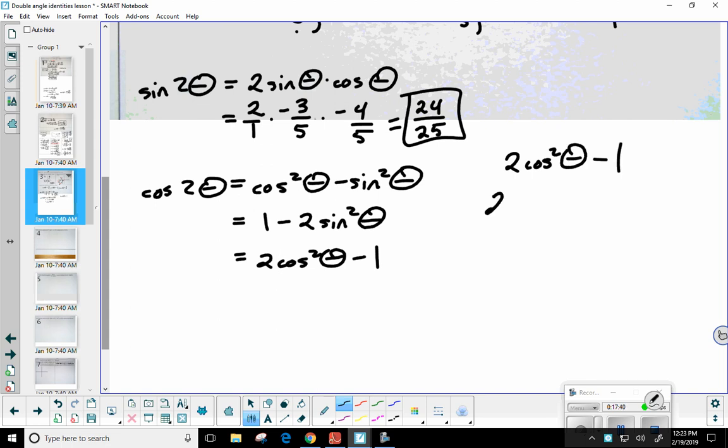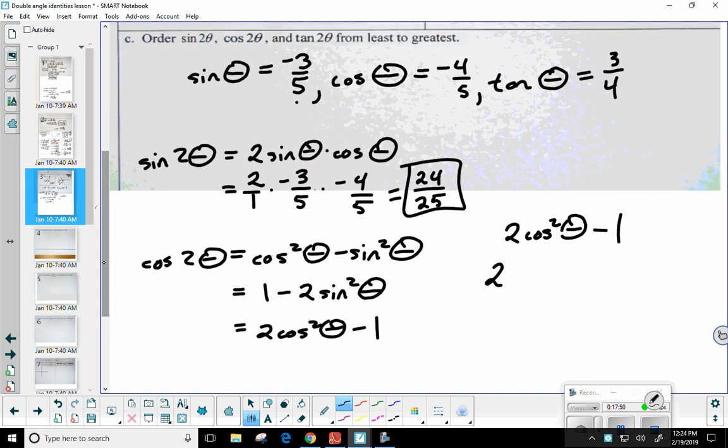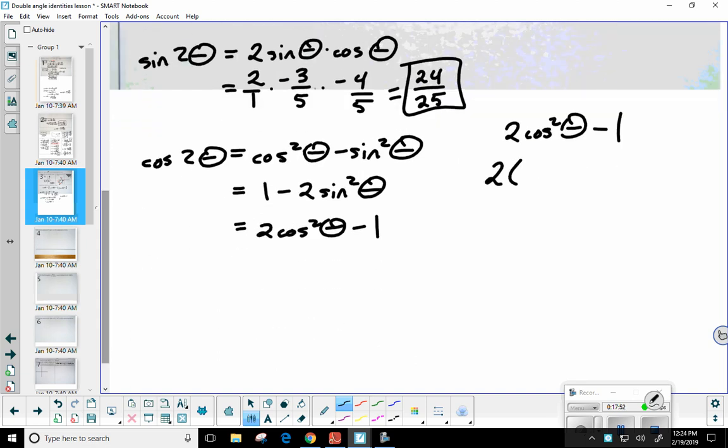All right, so I'm going to start with the 2. So again, I just want to plug in the right fraction. What was cosine of theta? Yeah, negative 4/5. We got that from the triangle. So I'm going to plug in the negative 4/5. But what am I forgetting? There you go. Remember, we wanted cosine squared, so I want to make sure to square that fraction.